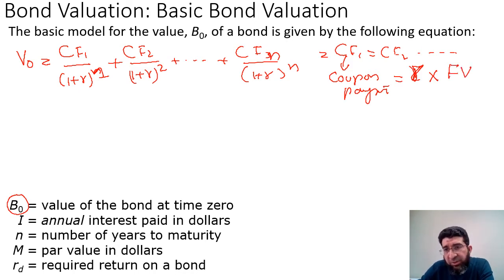So if the interest rate is 2% and the face value is a $1,000 bond, then we will have a $20 coupon payment. Now this $20 will remain the same until maturity. So if it's 5 years, every year the bond pays $20.